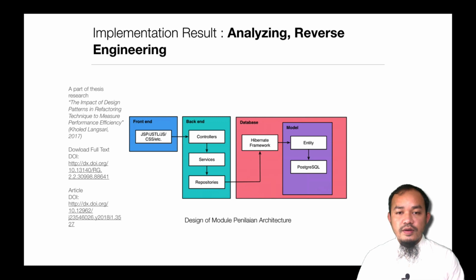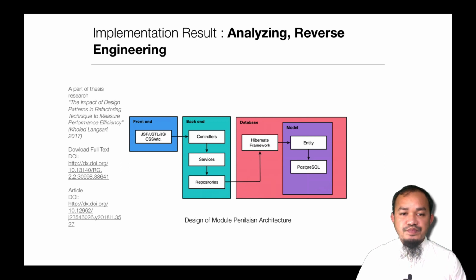You look here, because this system is using Hibernate, and then they are using the Spring framework from Java, Java EE. The Java EE Spring framework, they implement MVC also, but not a strong or tight MVC, but a loosely coupled MVC.